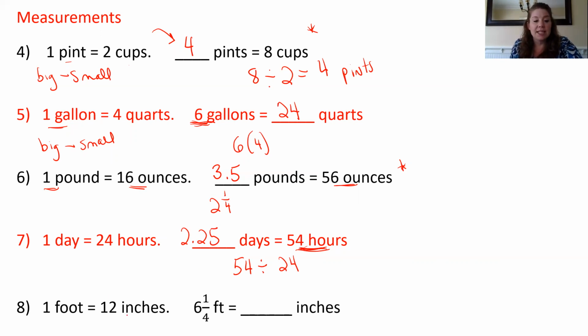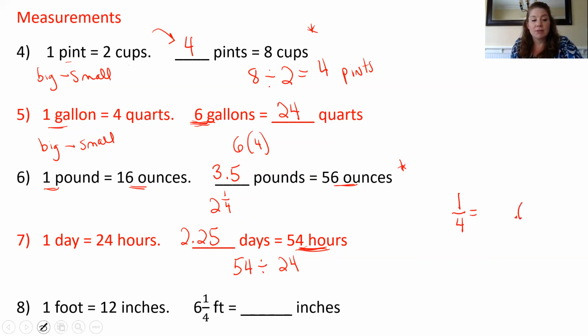All right, so number 8 is similar to number 5. If 1 foot is 12 inches, then 6 1/4 feet is, well, on a calculator it's easier to use decimals than fractions. If I want to know what a fourth is, I can divide 1 by 4 in my calculator, and I get 0.25.